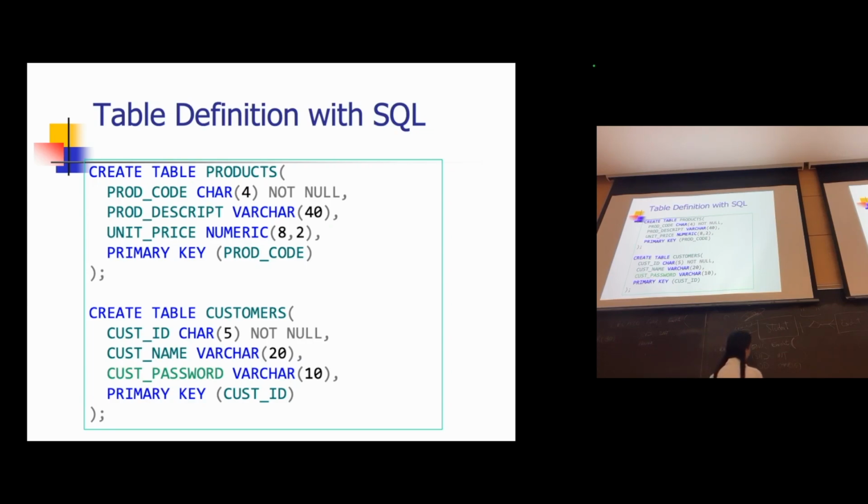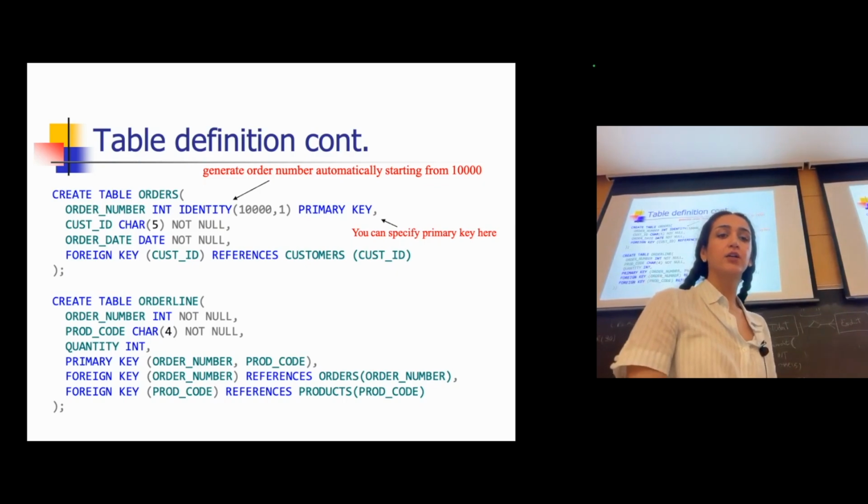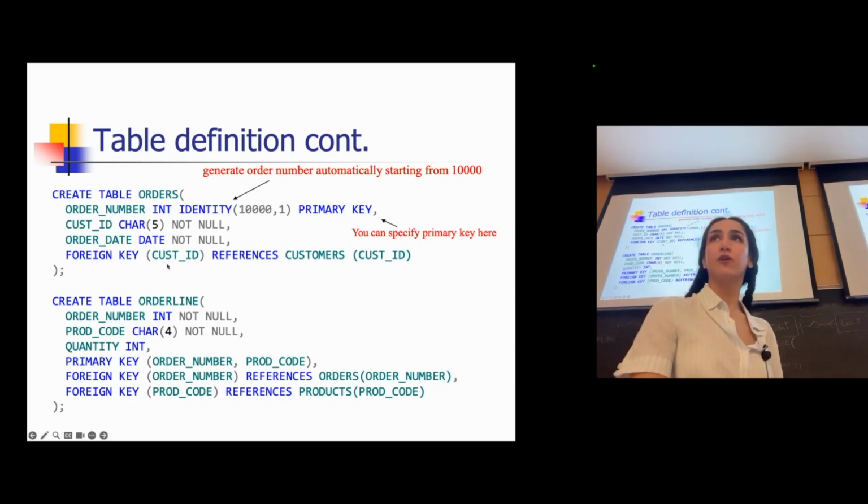And then I have grade, numeric 5, 2, right? And so you have a primary key, and you also have a foreign key.